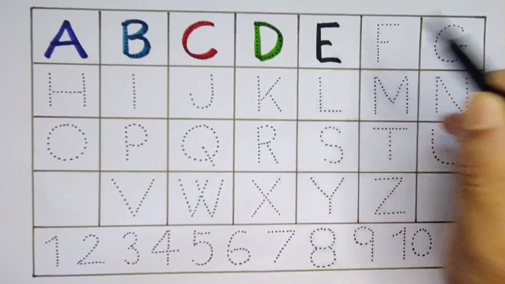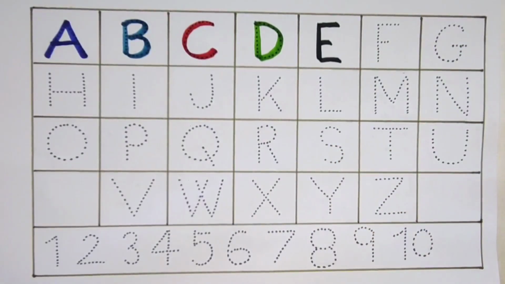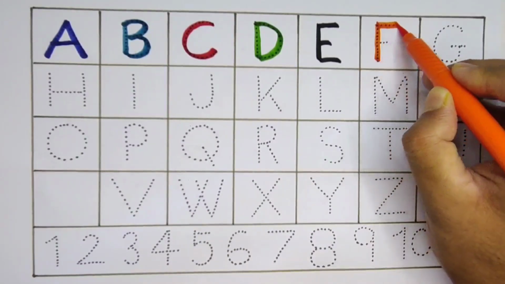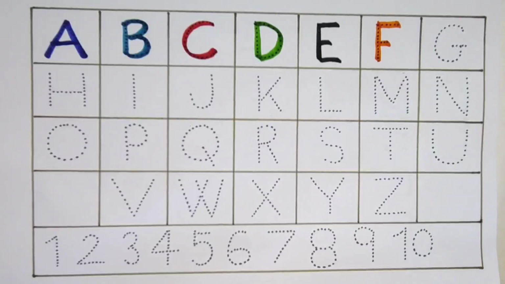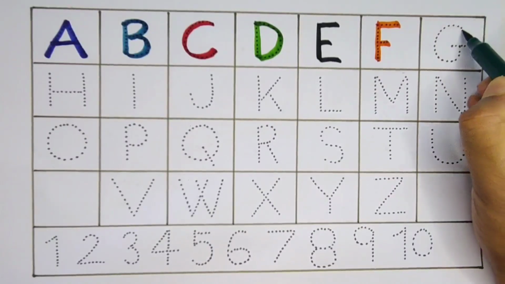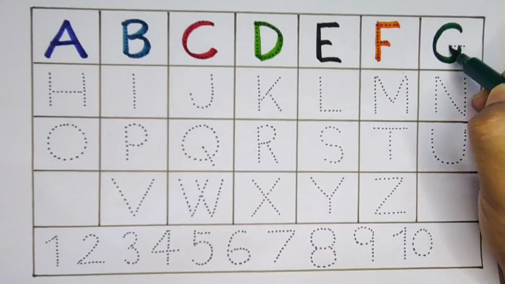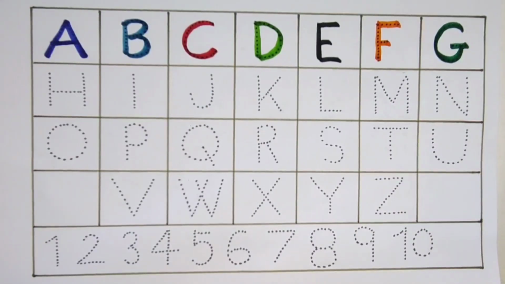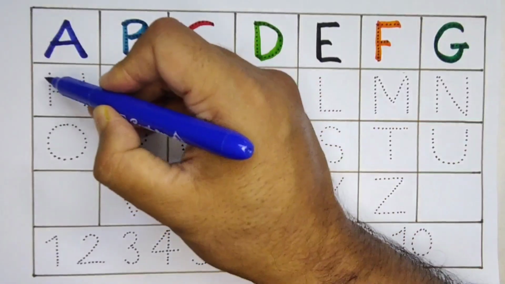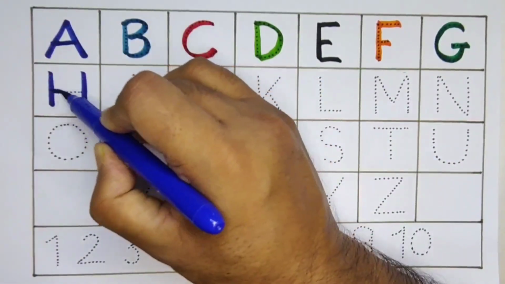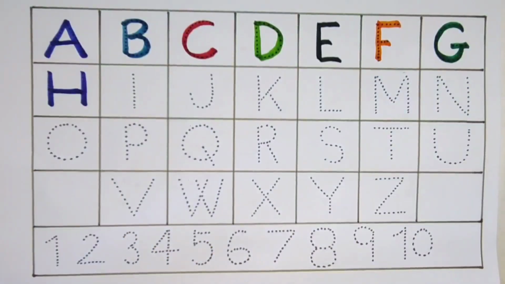E for elephant. F for fish. G for goat. H for horse.